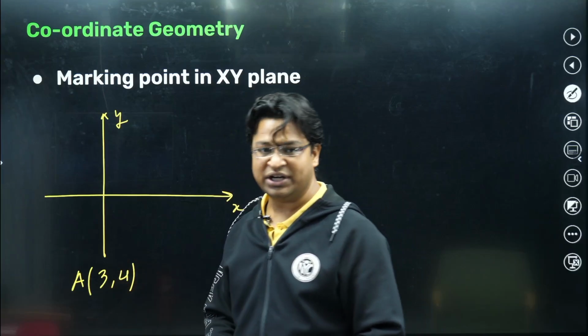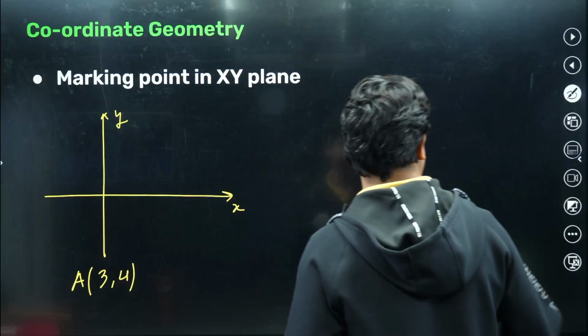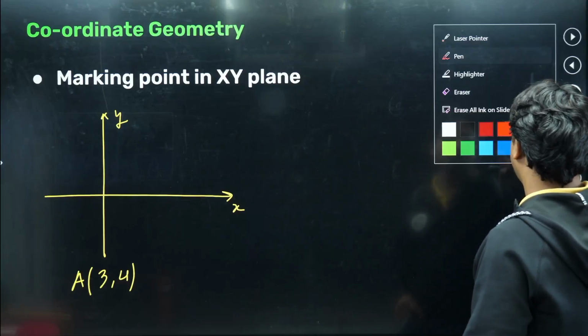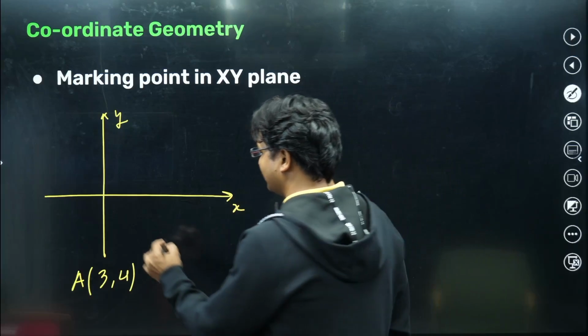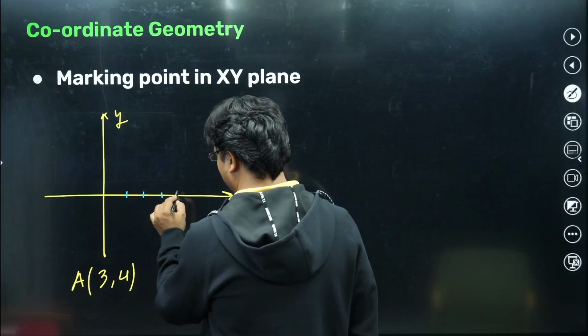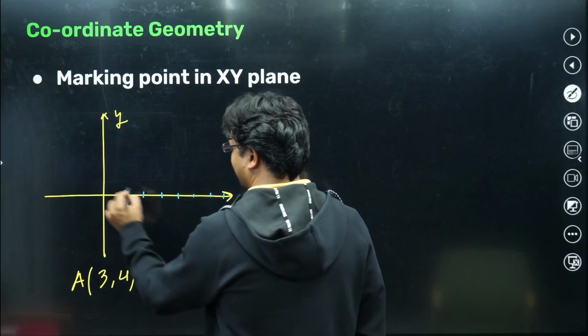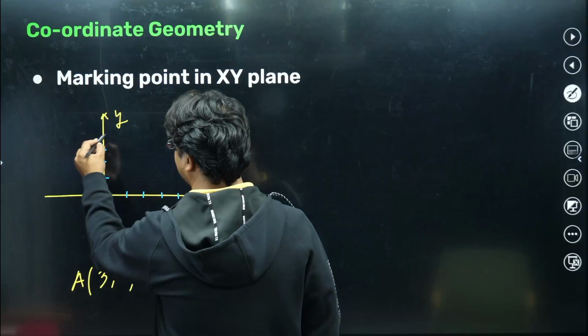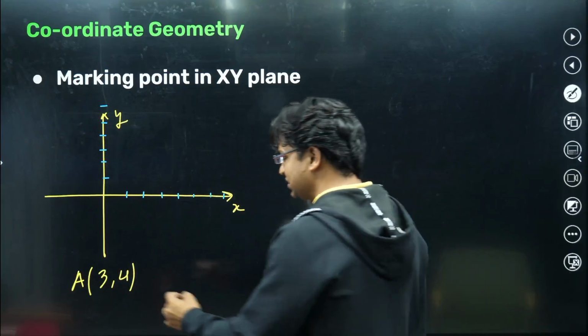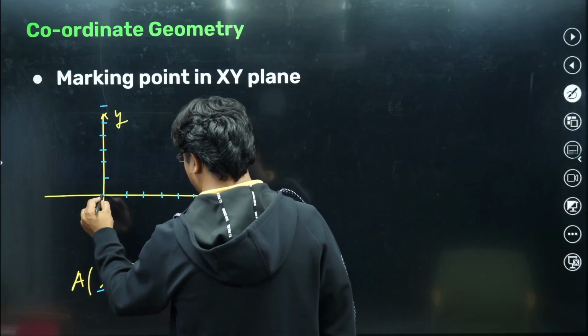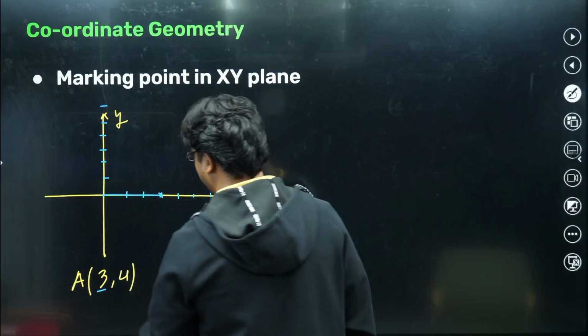The x coordinate indicates the distance that we need to walk along the x-axis. Remember, the x-axis is a number line, so there would be numbers written here. I have not written them, but they would be there. Similarly, the y-axis is a number line, so there would be numbers written on it also. So 3 means that you start from the origin and walk 3 units along x.